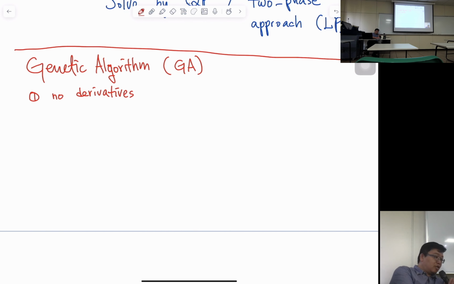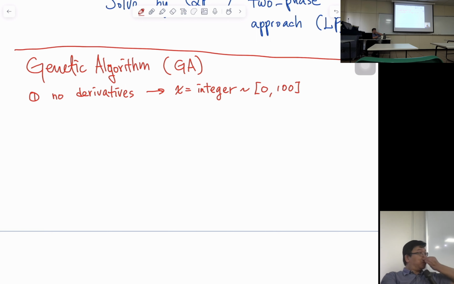Meaning, one example, if you say your x must be integer in a range from, for example, 0 to 100. In that case, there's no 1.2, 3.5, they are integers.